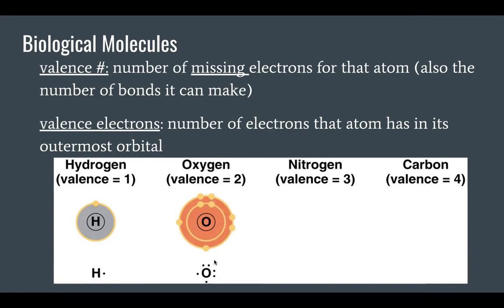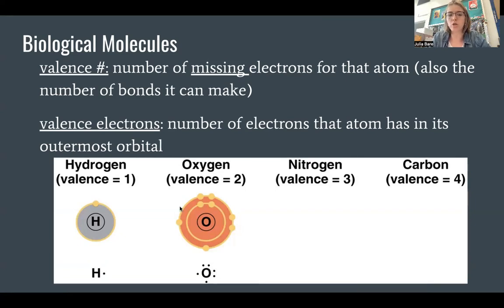So oxygen, because it only has 6 electrons of the 8 total that it's trying to get, is going to have a valence of 2, meaning it wants to have 2 bonds that are going to stabilize it.